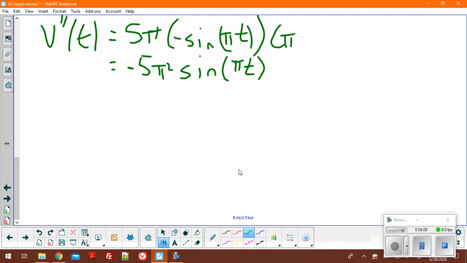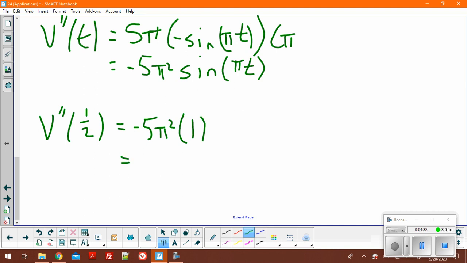So let's start with 1/2. If I do v double prime of a half, I have negative 5 pi squared sine of pi over 2. Sine of pi over 2 is 1, so I have negative 5 pi squared. My second derivative is negative, therefore it's a local max.